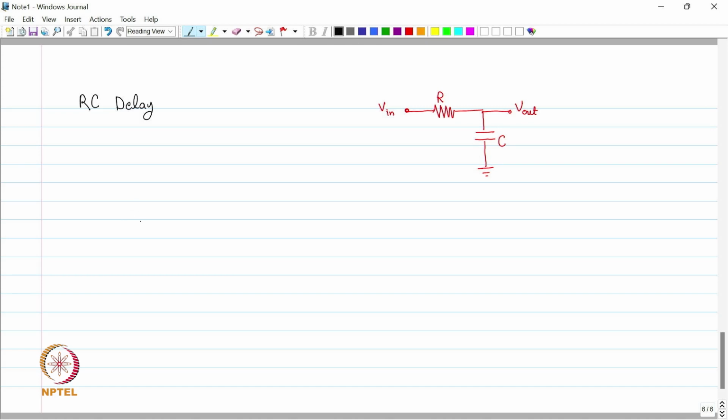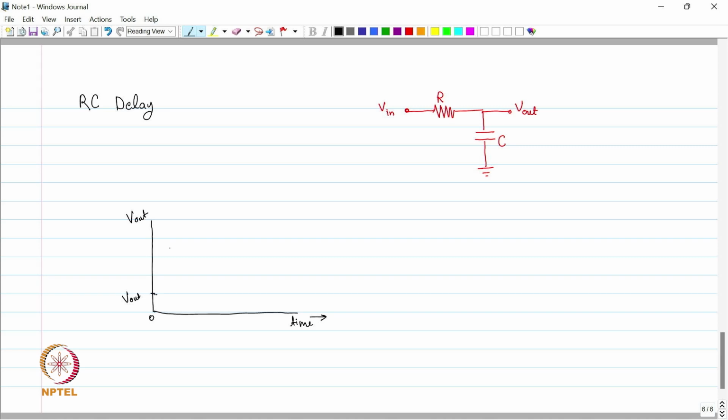we are assuming two cases, when the output is low and when the output is high. We have V out, and we are plotting this V out with respect to time, and we are assuming that initially at time t equal to 0, V out is the voltage at the output node which is a low voltage.